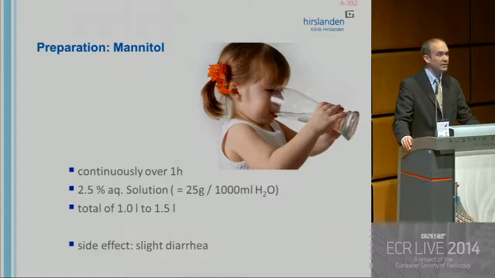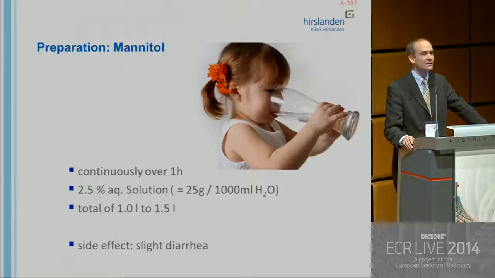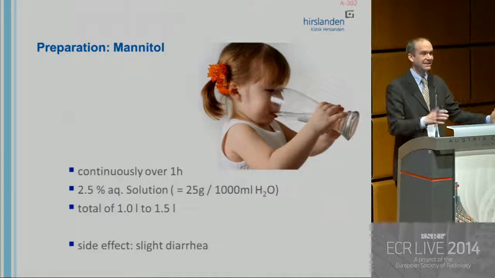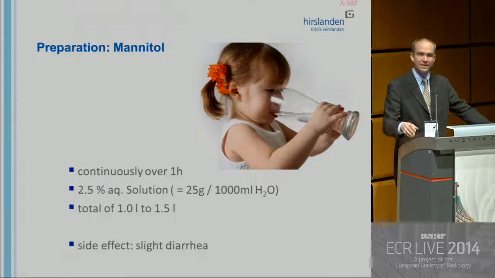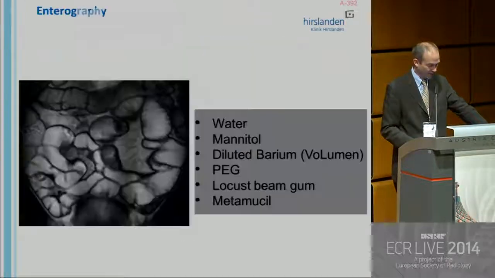It's over an hour, about 1 liter to 1.5 liters. And we started with about like 40 or 50 grams and are now down to 25, because the higher you get, the more you have the problem with diarrhea. And when people are in the magnet with urge, that's not very good for the patients and for the MR.